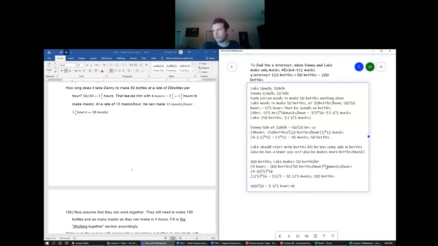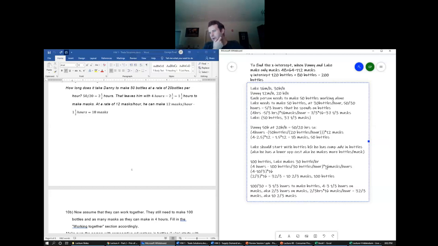That gives him 4 minus 3 1/3, or 2/3 hours on masks. So 2/3 hours times 16 masks per hour equals 32 over 3 masks, aka 10 and 2/3 masks.